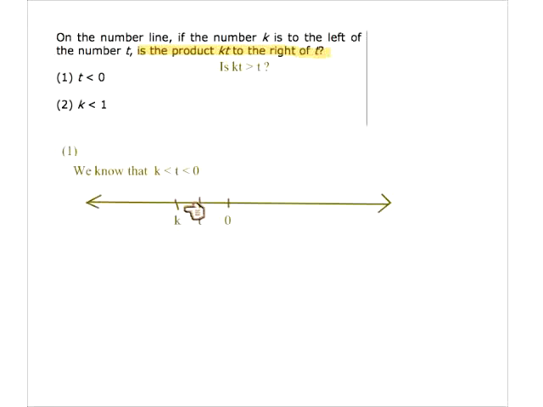KT is positive because k is negative and t is negative, so negative times negative is positive. So this is a PNZ problem, a positive, negative, 0 problem in disguise. So KT's over there. So that's going to be sufficient because it's positive. Positive is always bigger than negative. So there you go.